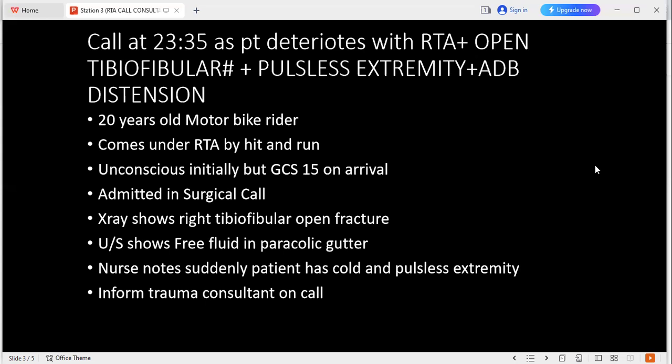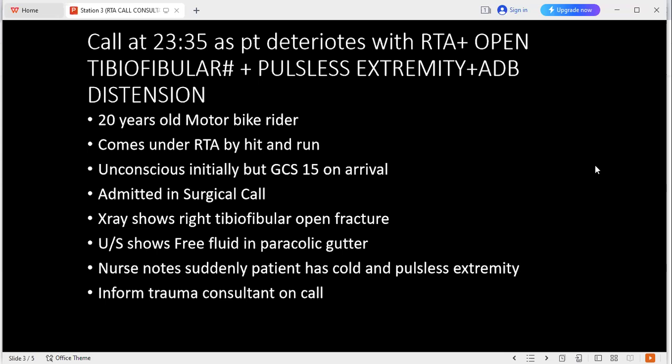And what about this abdominal collection? On abdominal examination, the abdomen is lax, and maybe for conservative management. Okay, so can you tell me why this vascular injury is more important than abdominal collection? To save the limb of the patient from amputation.